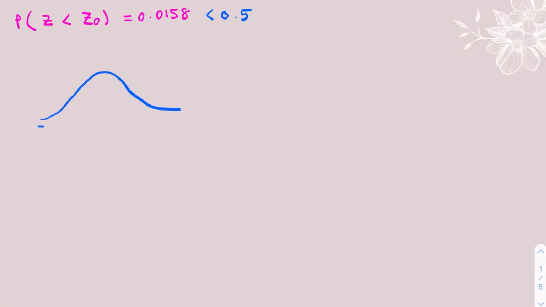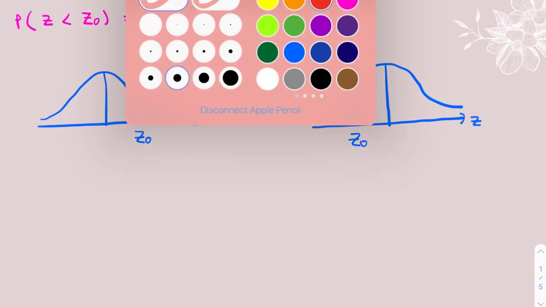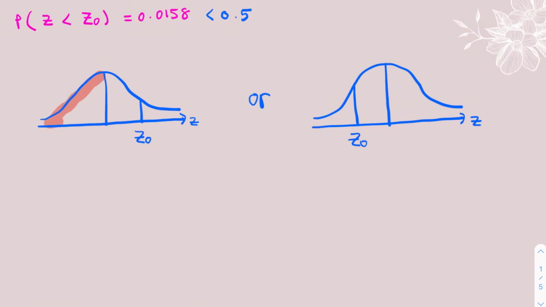Now the region, you might have your Z at the positive Z or at the negative Z. So your region basically is this part, because they want it less than.